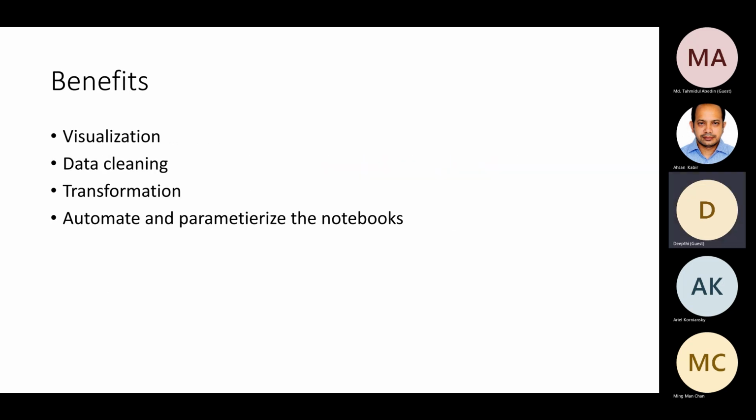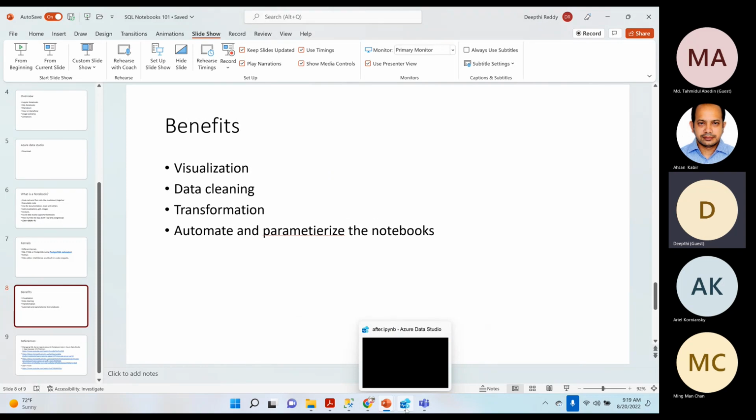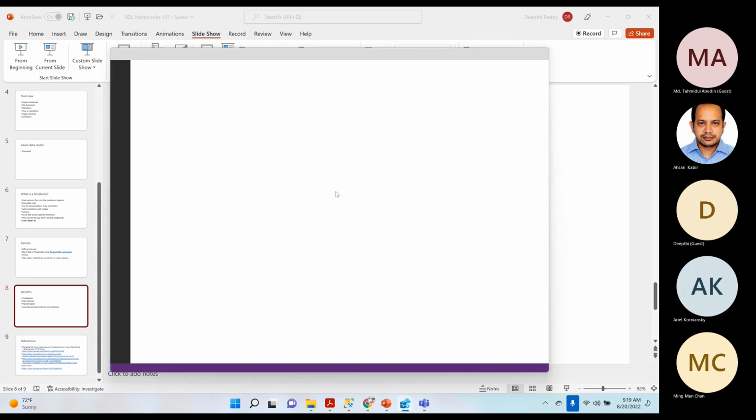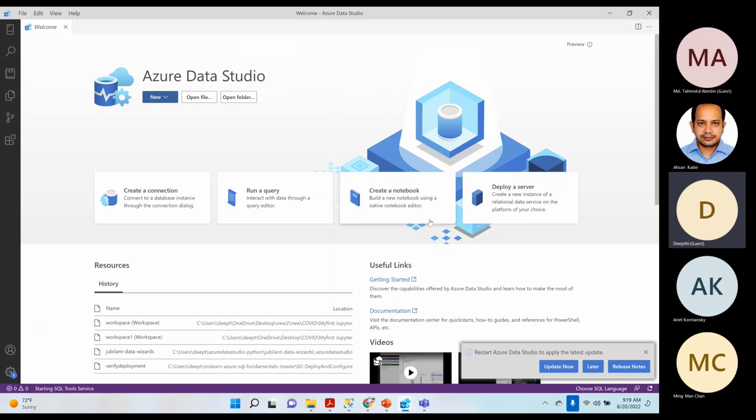Before going into the benefits, let's directly go into the demo. Once you download Azure Data Studio, you can see it below on the screen. Right click on that app to open the Azure Data Studio application.